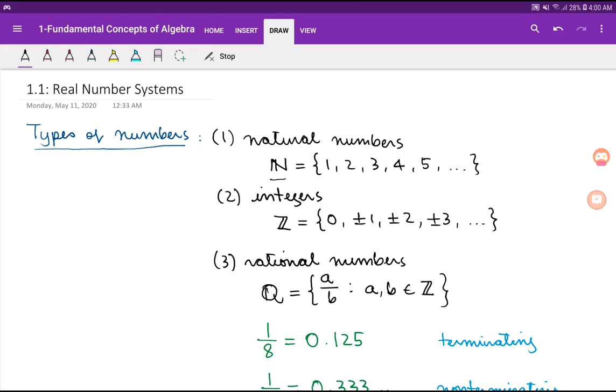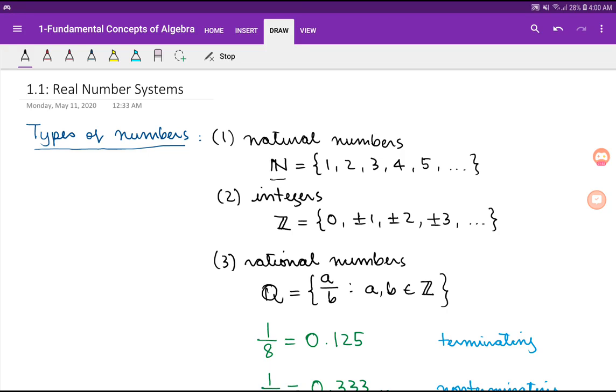Natural numbers are what we call the counting numbers, which we use to count things, like 1, 2, 3, 4, 5, 10, 11. There are no numbers between, let's say, 1 and 2 in natural numbers.